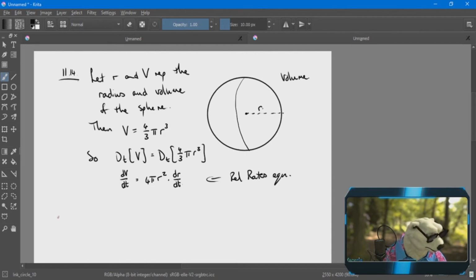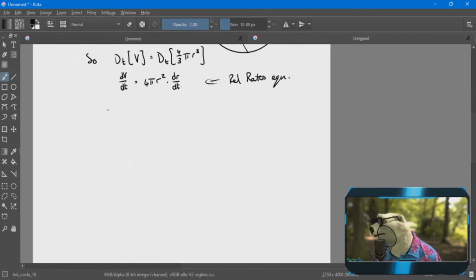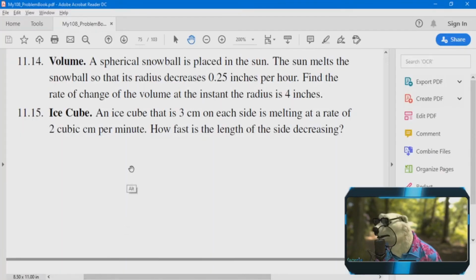Sorry, my mic. There we go. Then, let me scroll up. We need to see, at some point in time, they're giving me some extra information and asking me for something. What is that something? The sun melts the snowball, so its radius decreases at 0.25 inches per hour.